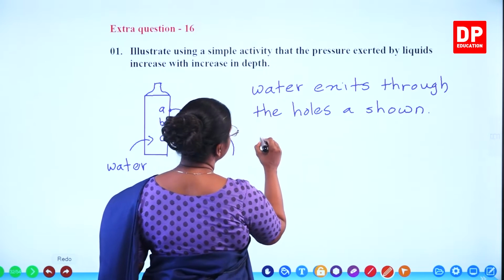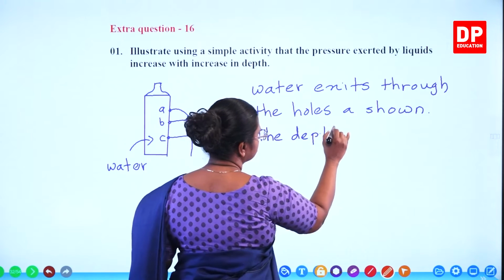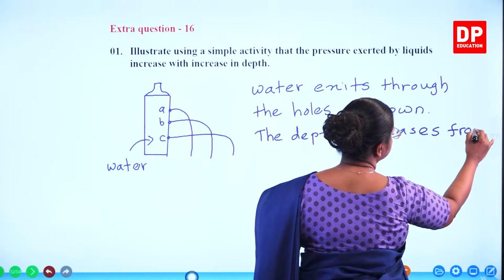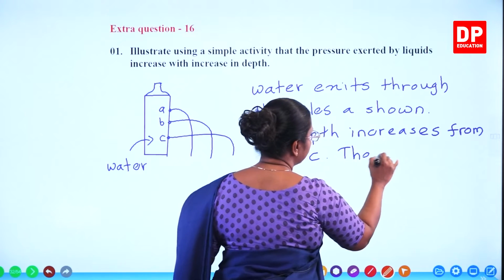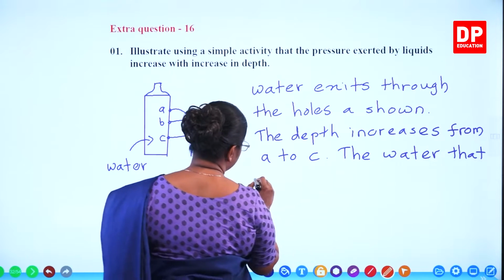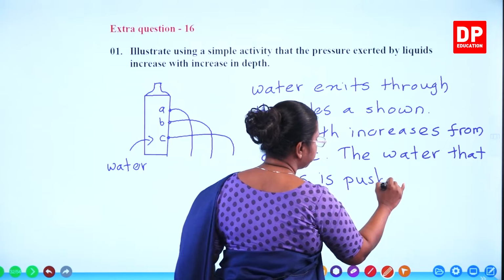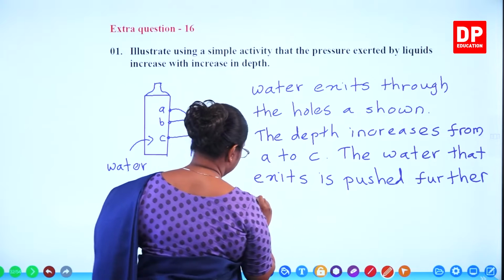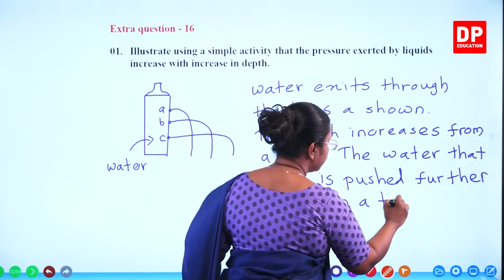So here we can say the depth increases from A to C. The water that exits is pushed further away from A to C.